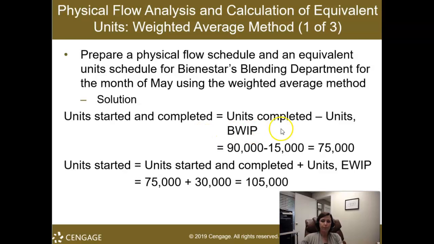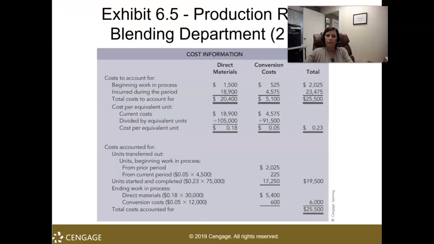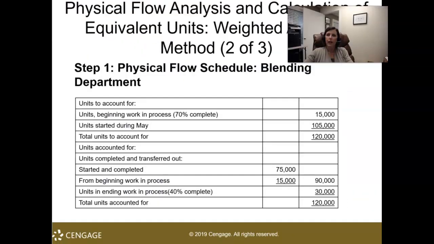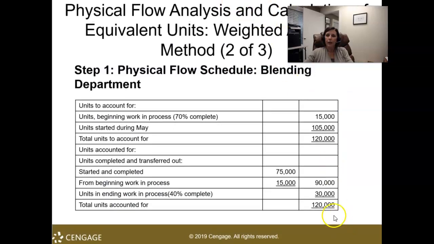So the physical flow inventory for equivalent units, whether you're using FIFO or weighted average, is going to look exactly the same. So you notice here that these numbers should look familiar. And this is the point at which these processes start to diverge, because you'll notice now we have total units that we're accounting for of 120,000.